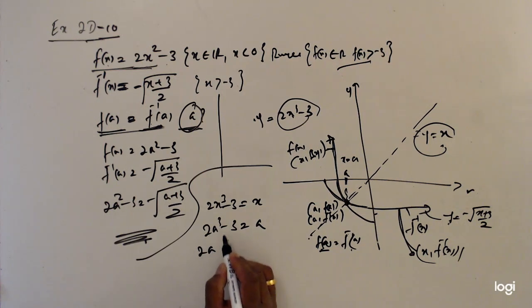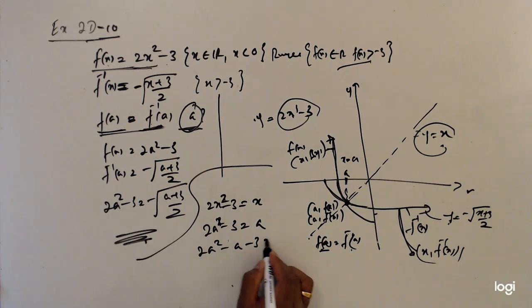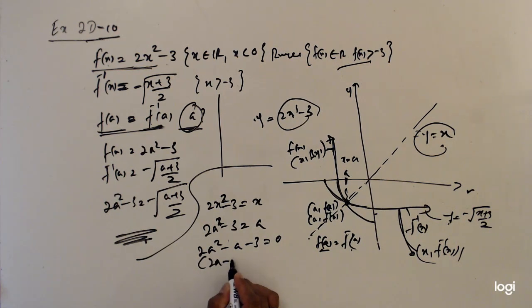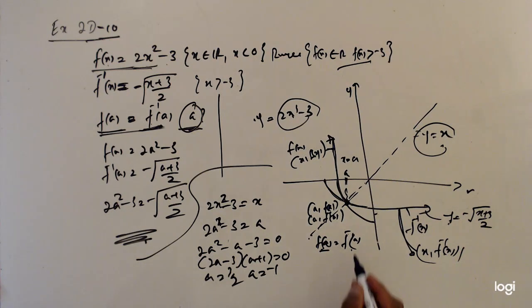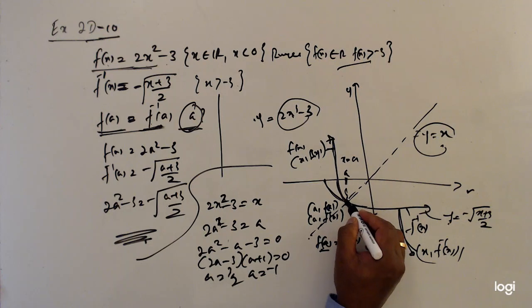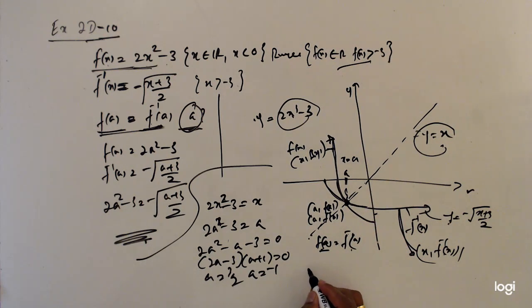So 2a² − a − 3 = 0. Then (2a − 3)(a + 1) = 0, a = 3/2 or a = −1. We have two options, and we know that a is in here negative, so hence a = −1.